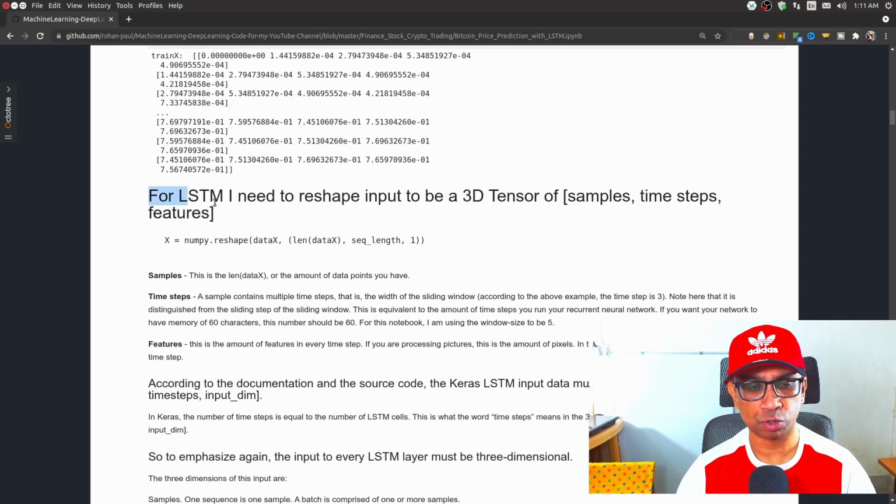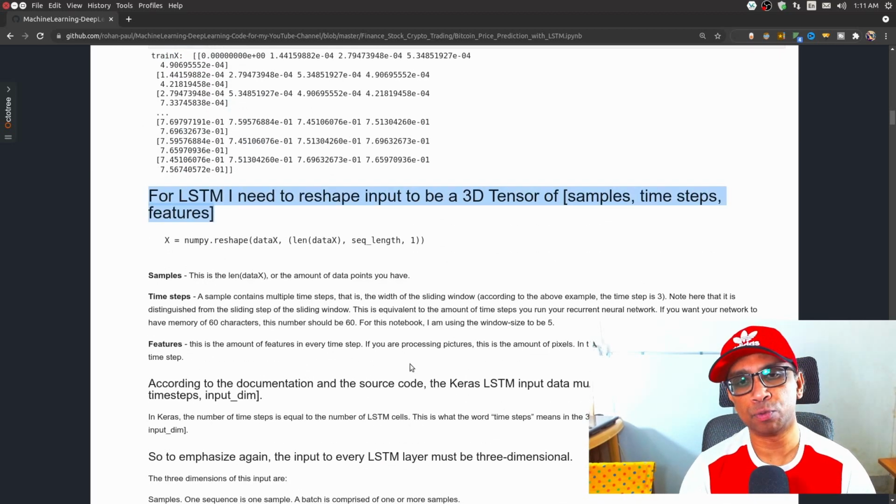And this was one of the most important points, and we discussed this in detail in the previous video, that for LSTM the input data should be reshaped into a 3-dimensional tensor of samples, time steps, and features.